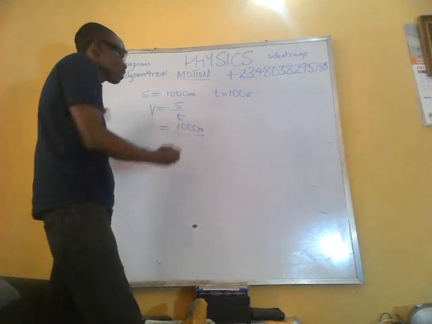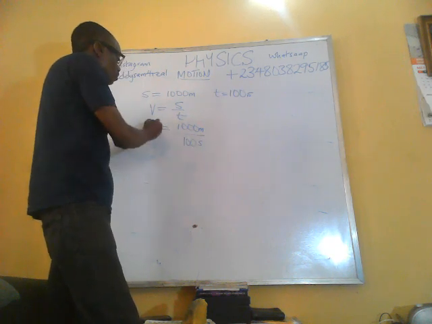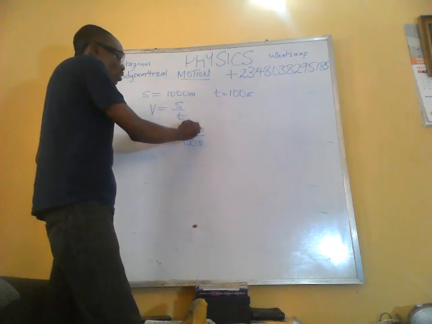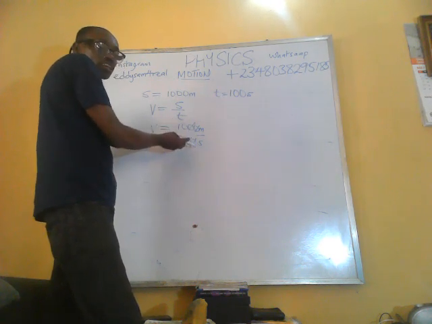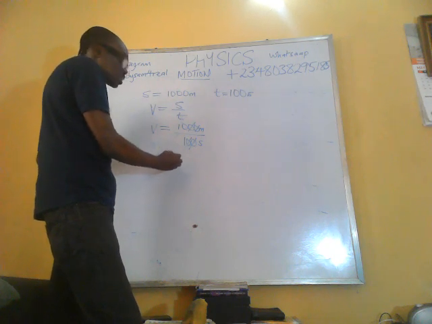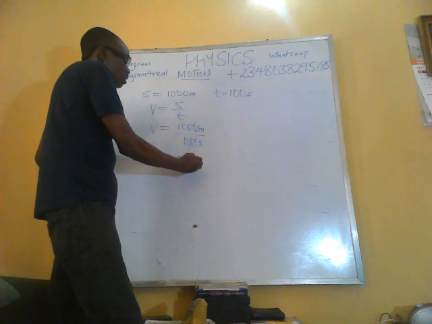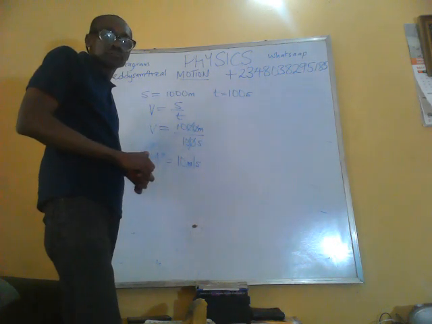What is our time? Our time is 100 seconds. So 0 cancels 0, 0 up cancels 0 down. So at the end of the day, we have that the speed v is 10 meters per second.